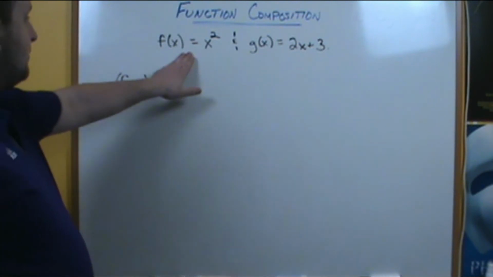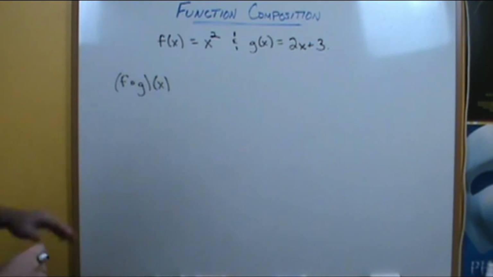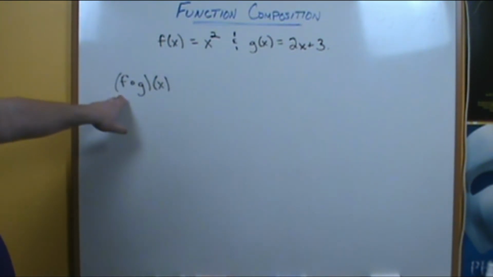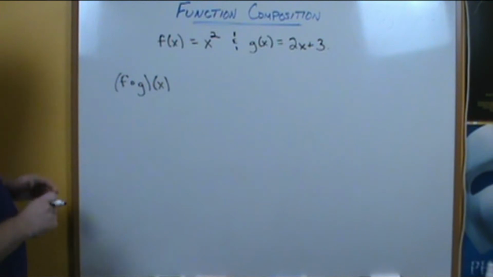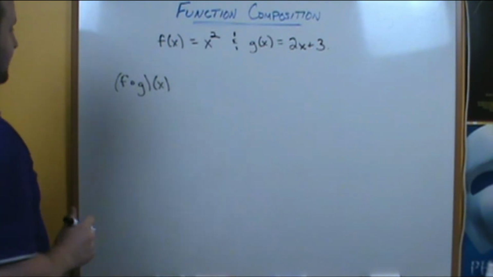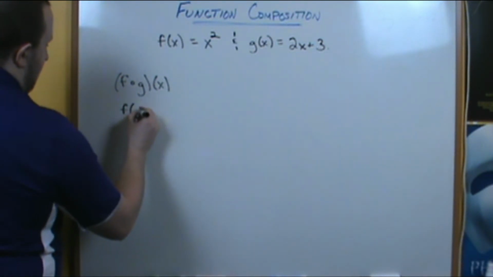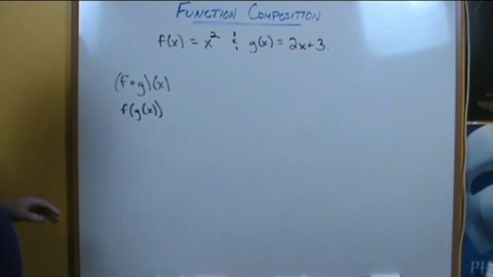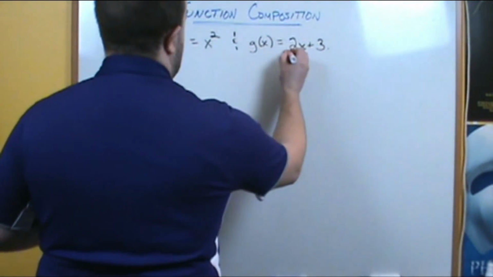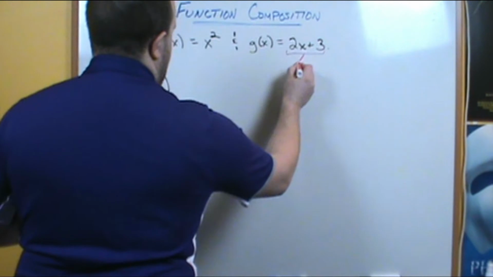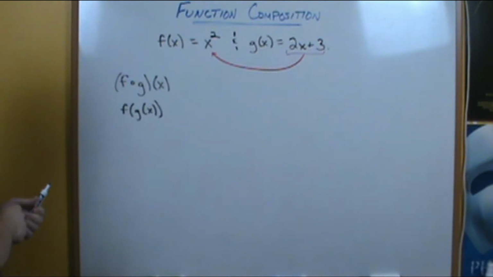We have the function f of x equals x squared and the function g of x equals 2x plus 3. The first thing we're looking to find is the function f evaluated at g, or the composition of the functions f and g of x. Remember, if we're taking the composition of two functions f and g, because f comes first, we're evaluating the function f at g of x. So essentially, we're taking our function g of x, which is 2x plus 3, and wherever we see an x in the function f of x, we're going to replace it with 2x plus 3.